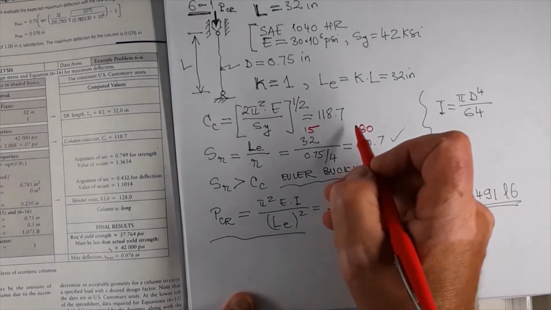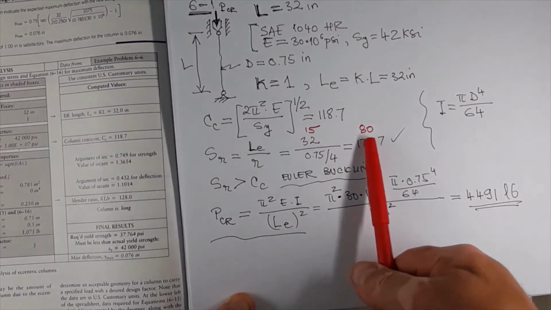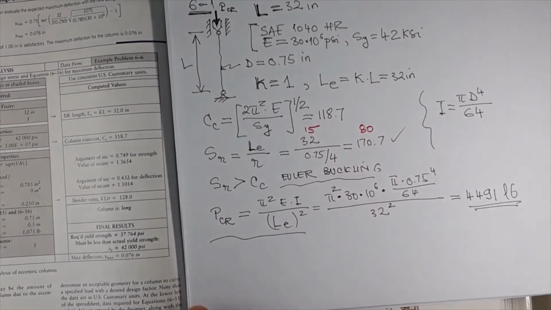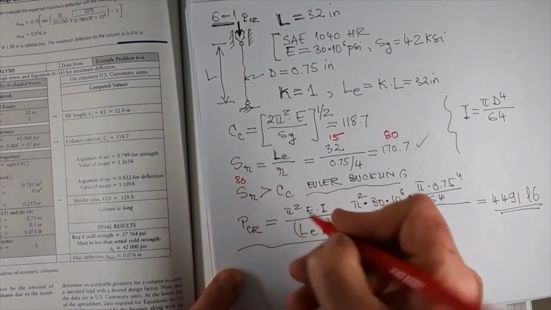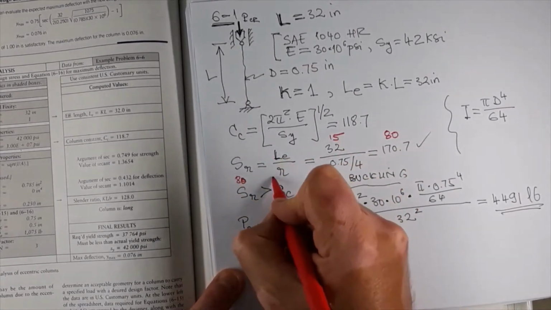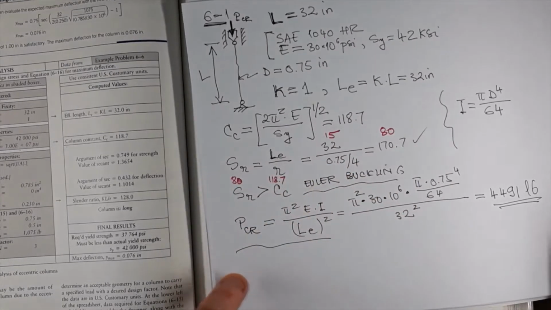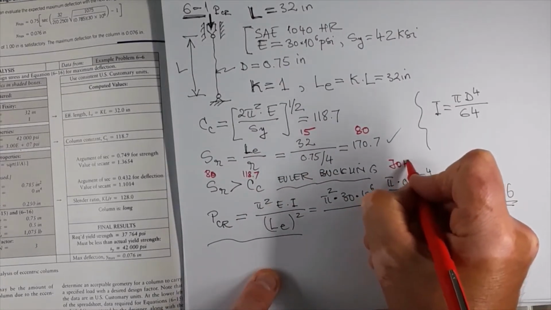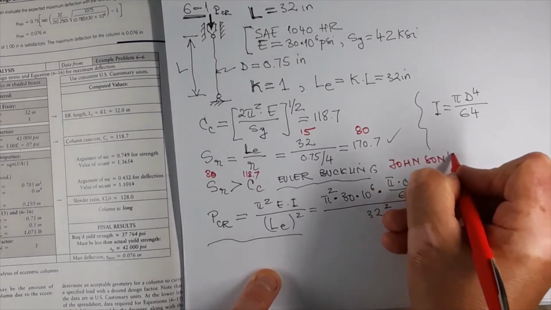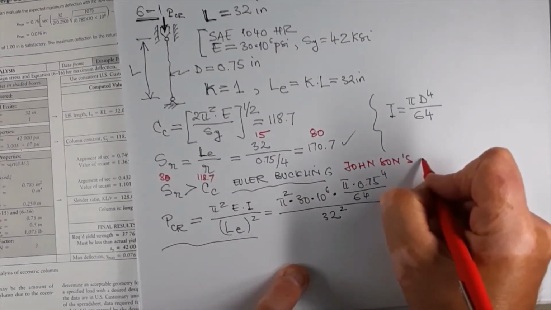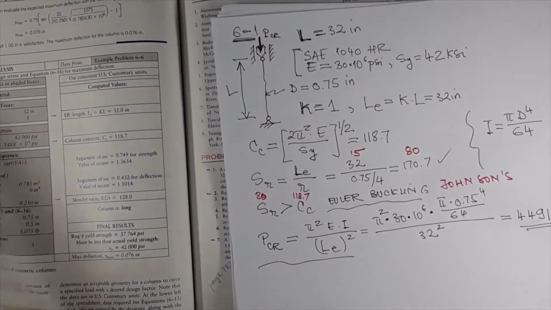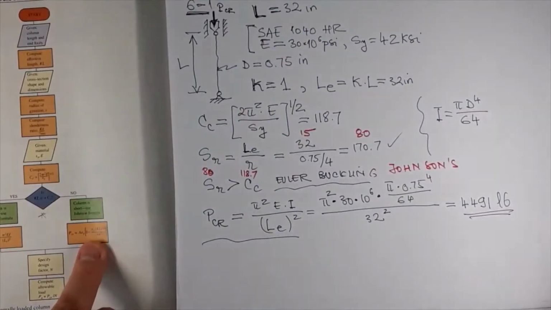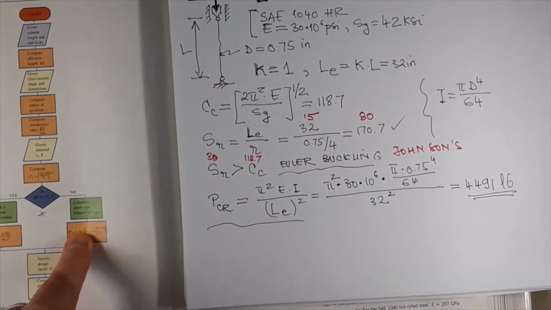So we're having the 80 is less than the column constant, which is 118.7, so this is Johnson parabola, or Johnson's, that is plastic buckling. Same flow chart, systematically here, easy to follow.